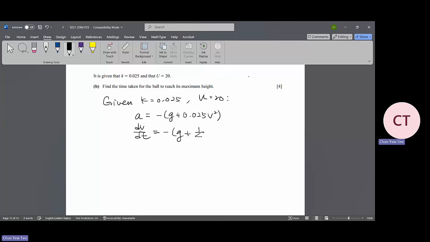This is actually 1/40. We can make it become 100 plus V squared over 40. So your dV will be this.